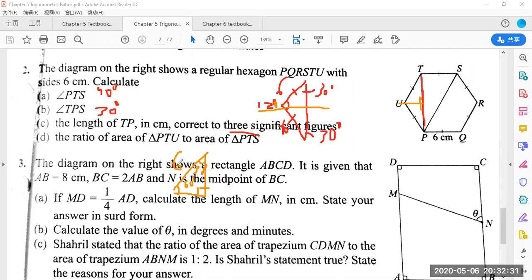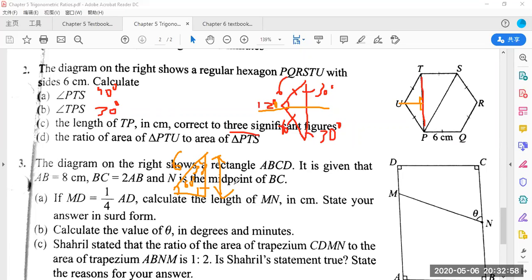We only know one side, never mind. So we need to find this one. We got all the angles, 30, 60, and 90, and one side 6 cm. So no matter if you want to use tangent, cosine, or sine, you also can find.